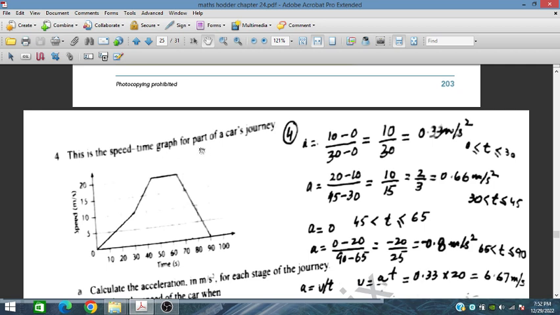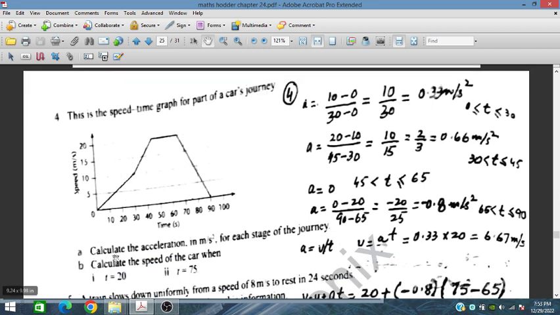This is the speed time graph for a car journey, and we calculate the acceleration in meters per second square for each stage of the journey. So it took from here to here, and then the speed increases, and then it stays there with a constant speed, and then deceleration.